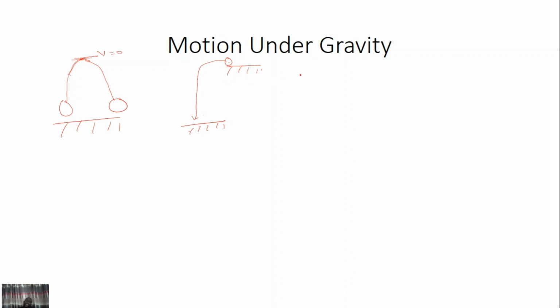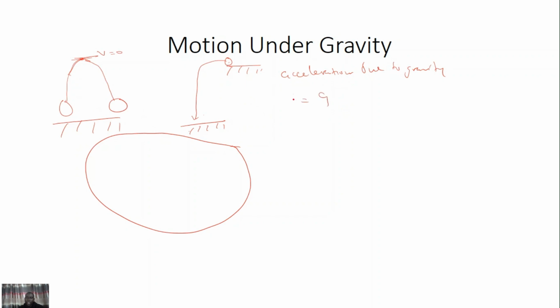Generally, freely falling objects have a constant acceleration, which is known as acceleration due to gravity, and it is caused by the gravitational force that the earth is having on this body that's under free fall, and it is given as 9.8 meter per second squared.